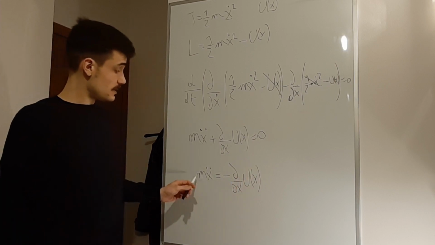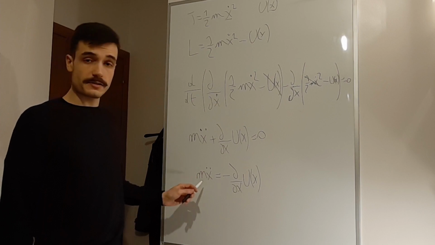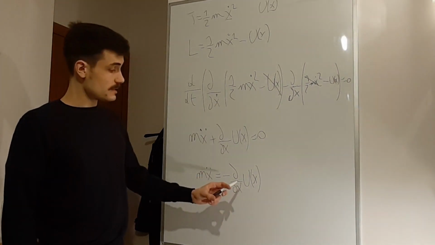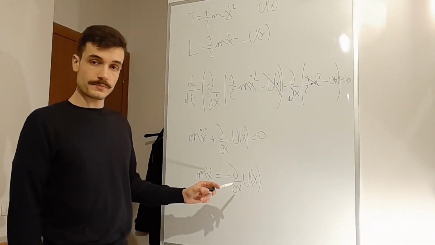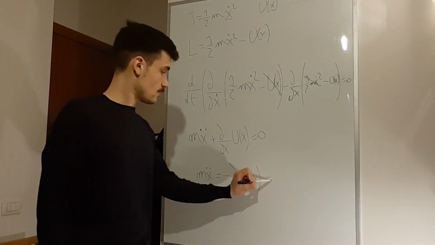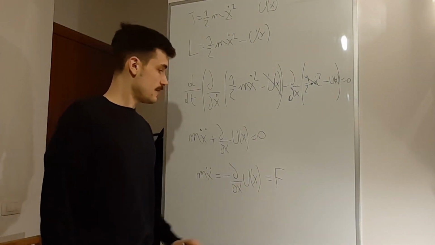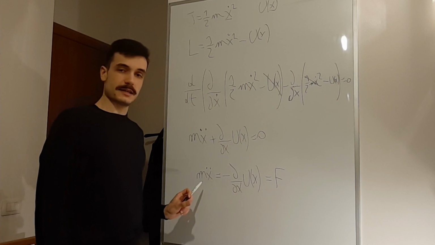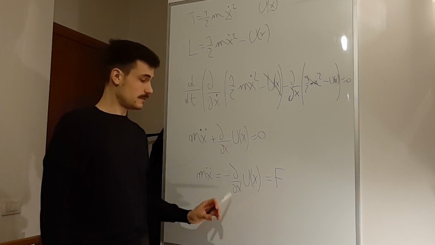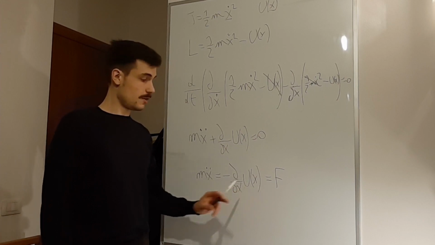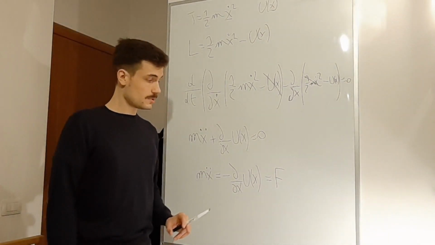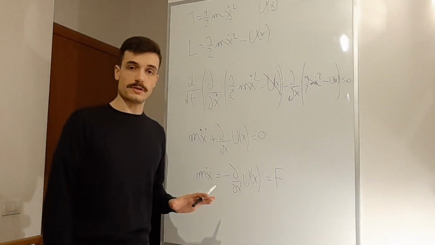But you might notice that this is m times acceleration, and this is how we define force. So what we got is again F equals m times a, and F equals minus the derivative along the positions of the potential energy. So yes, it represents Newtonian mechanics.